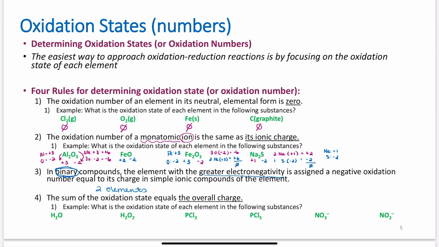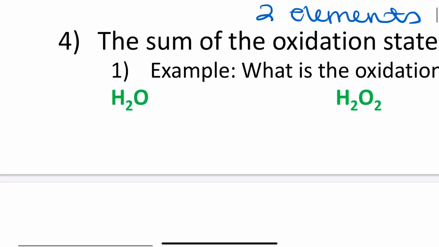So let's go ahead and work some examples here. If I look at H2O, again, these are binary. It is a neutral compound, so overall it has to add up to 0 for the species. I've got hydrogen and oxygen. Oxygen is the more electronegative species here, so it's going to carry the negative charge. We know oxygen prefers to be a -2, so we are going to go ahead and give it a -2 charge.